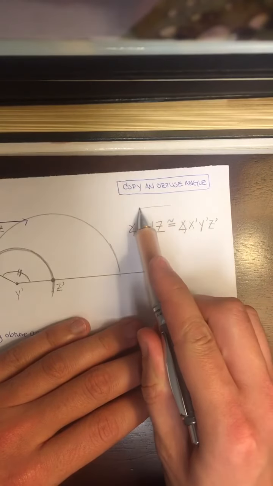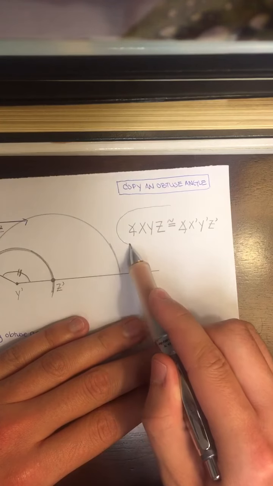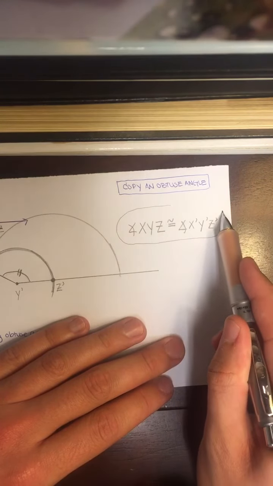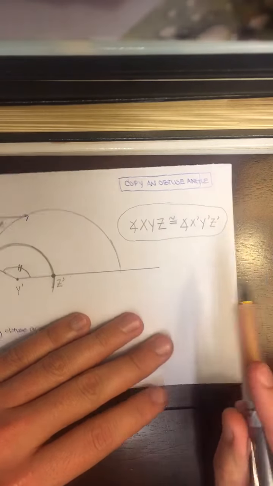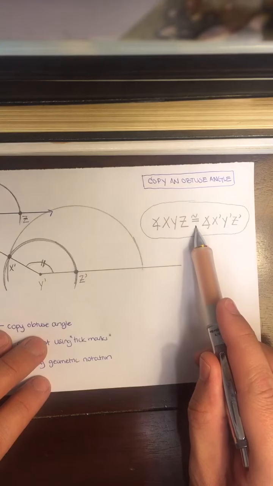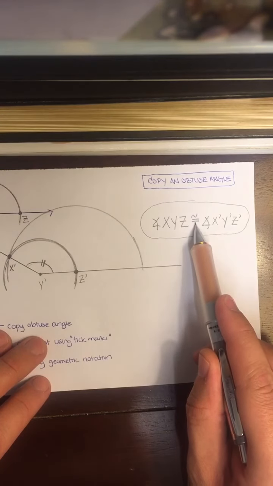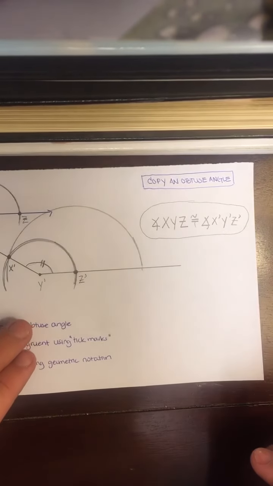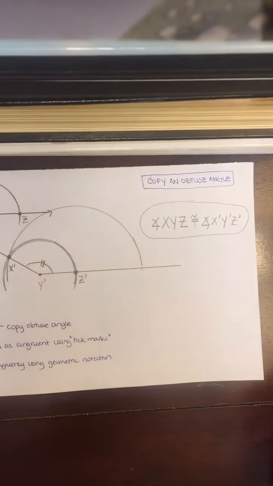I've said here that angle XYZ is congruent to angle X prime, Y prime, Z prime. Essentially, my original angle is the same size and shape as angle X prime, Y prime, Z prime, my copied angle.